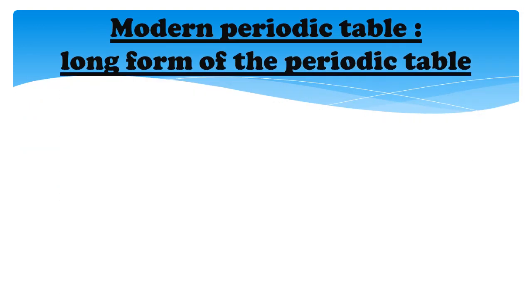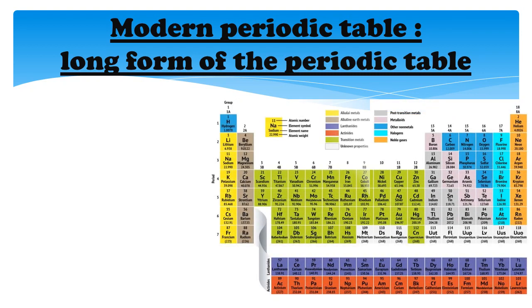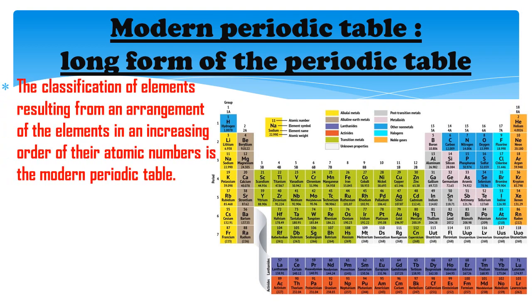Now let's understand the modern periodic table, which is a long form of the periodic table because it contains most of the elements, that is 118 elements till now. So students, the classification of elements resulting from an arrangement of the elements in increasing order of their atomic number is the modern periodic table.